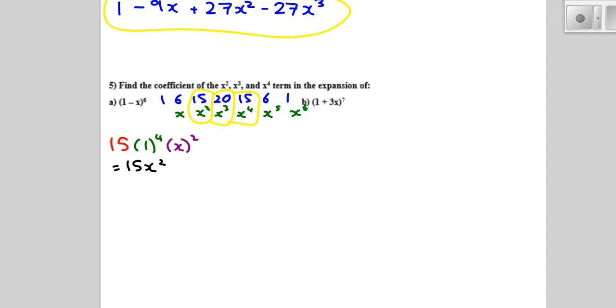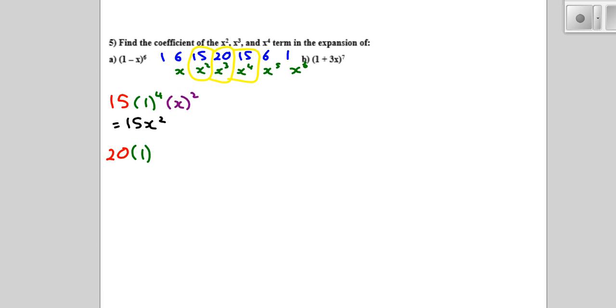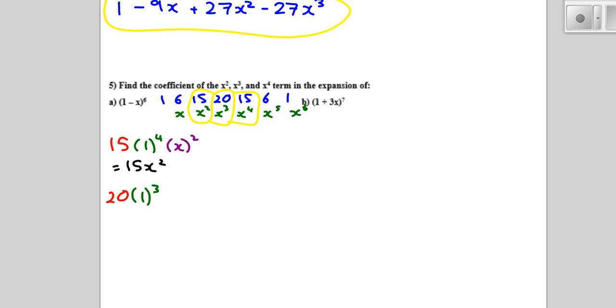The next one's going to have 20 at the front. What would be the exponent on the 1? That's cubed. 3. Yep. Oh my gosh, it is 2. Thank you. So luckily that doesn't affect this one. Thank goodness, because negative x squared is going to become a positive.